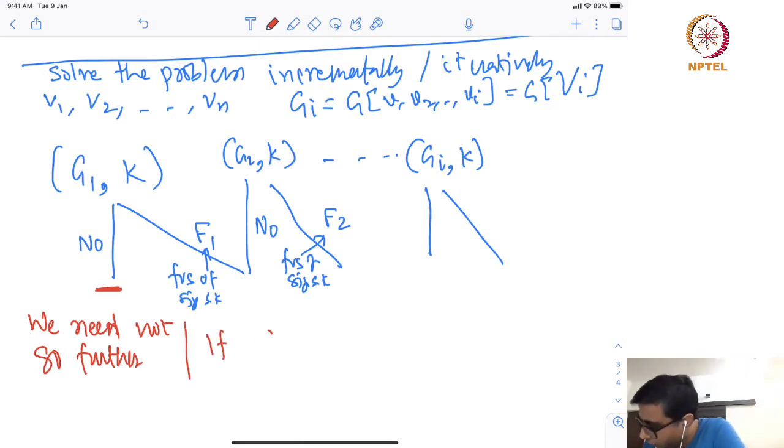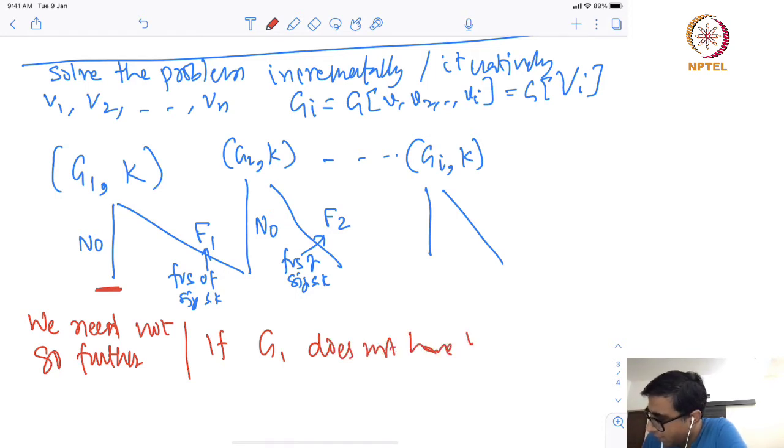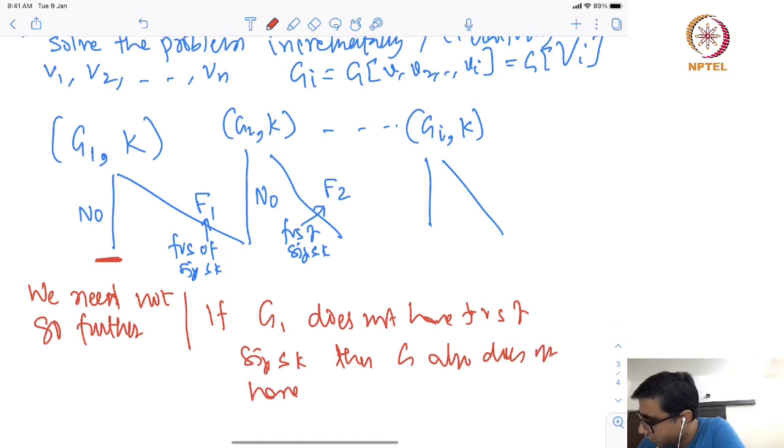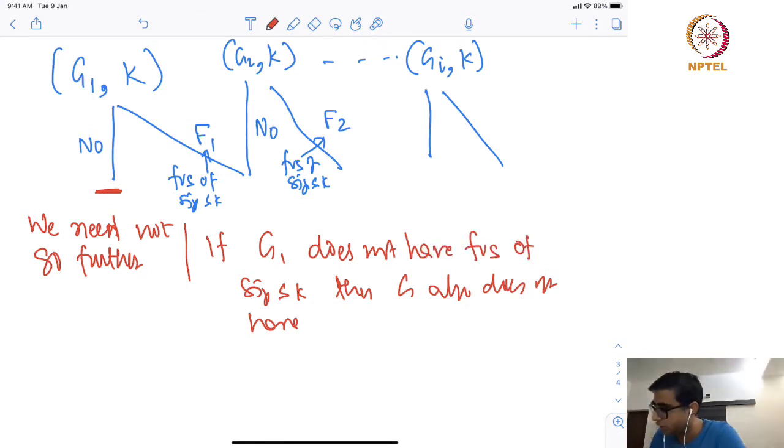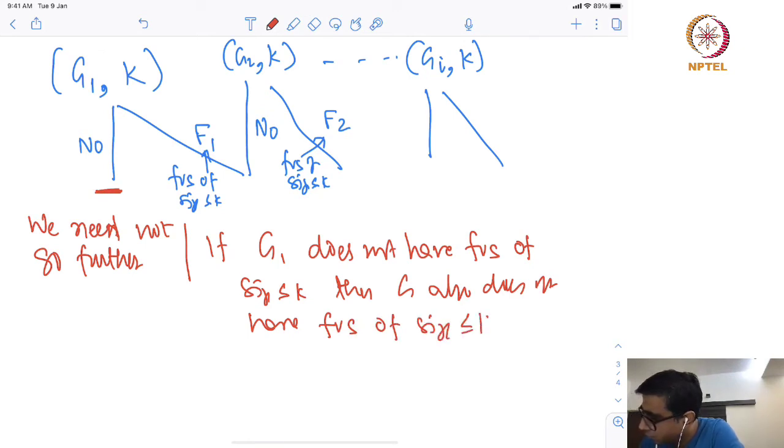If G_1 does not have a feedback vertex set of size at most k, then G also does not have an FVS of size at most k.